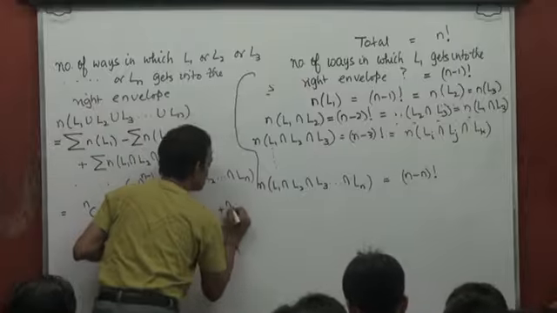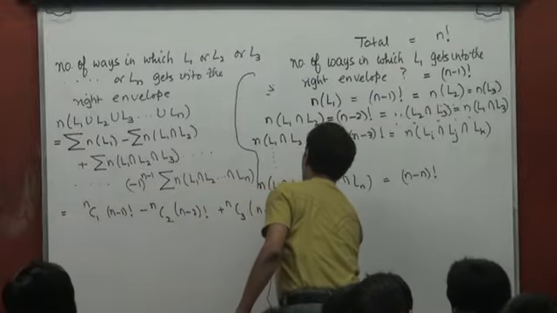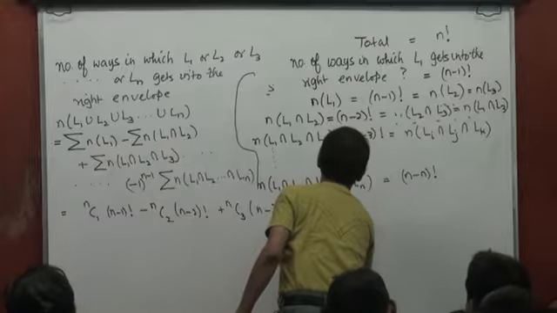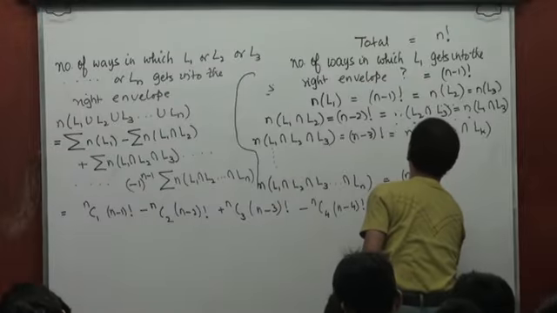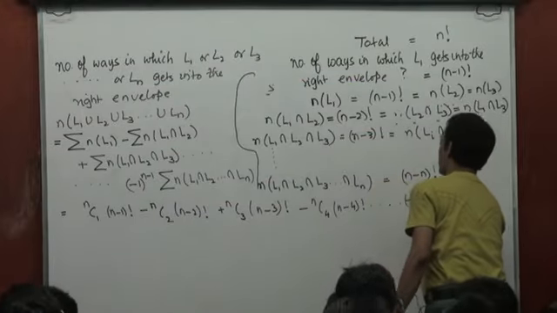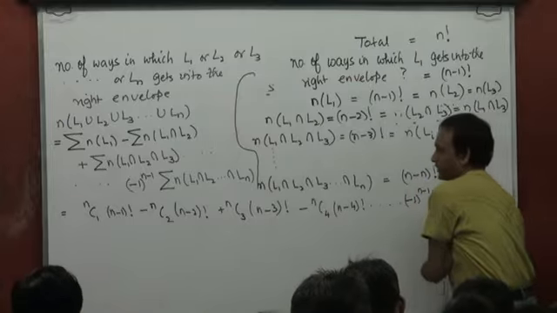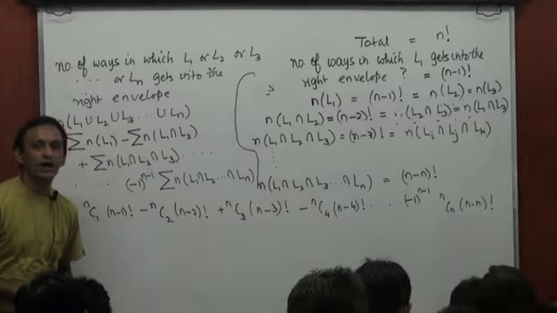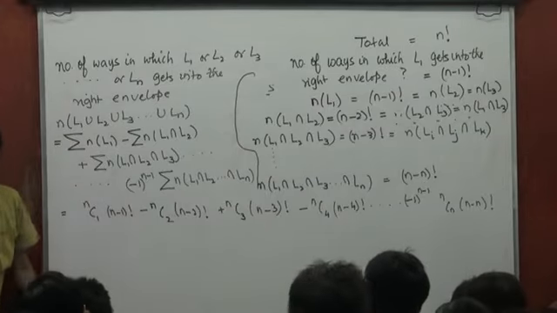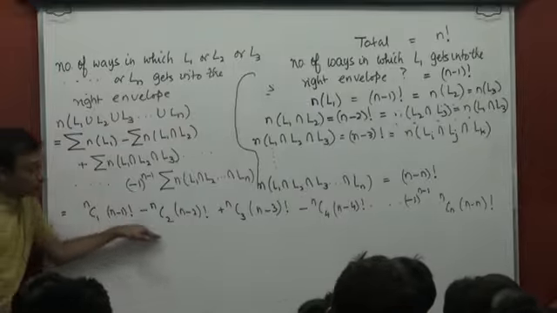Similarly, plus nC3 into n minus 3 factorial, minus nC4 into n minus 4 factorial, going this way, minus 1 to the power n minus 1, nC n into n minus n factorial. Just putting all terms in similar baskets. Clear?